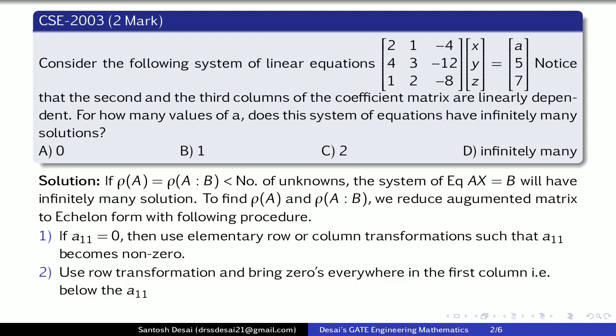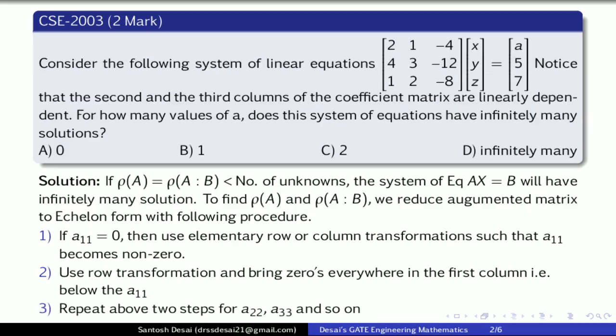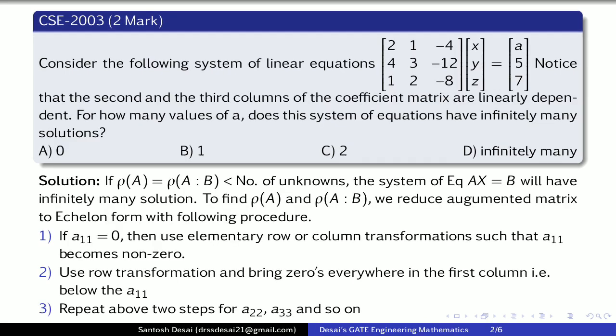Then use row transformations only and bring zeros everywhere in the first column, that is, below a11. And in the third step, repeat the above 2 steps for the elements a22, a33 and so on. So this is the procedure to reduce a given matrix to the echelon form.